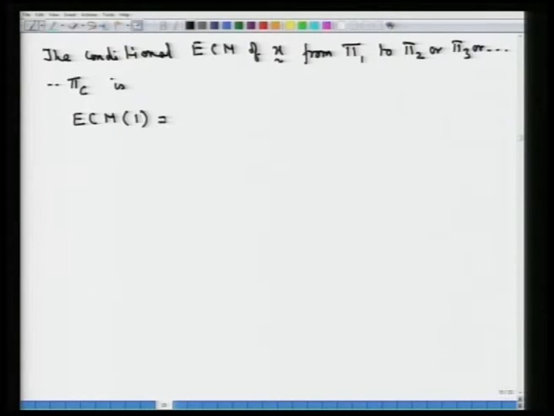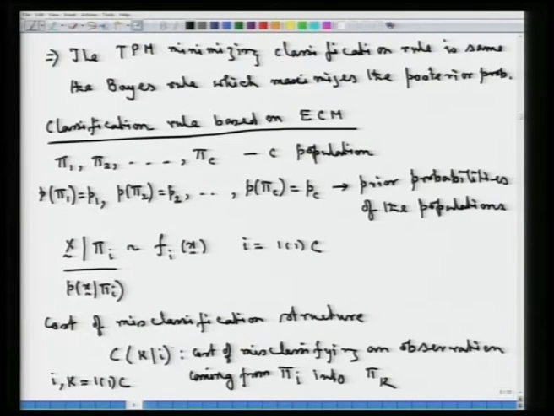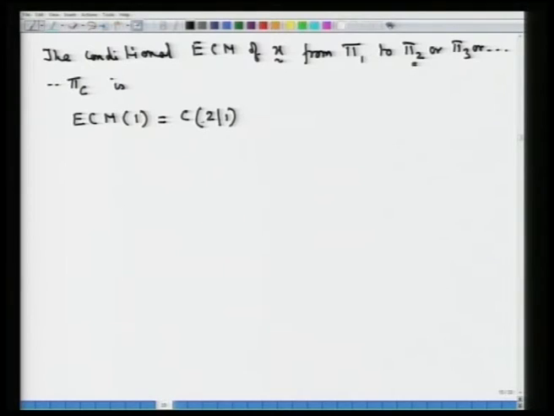So, what is this going to be equal to? This is going to be equal to the probability times the cost. First of all, let us consider the case that x is misclassified into pi 2 given it is coming from pi 1. What is the cost of that? From the general terminology, c_ki is the cost of misclassifying an observation coming from pi i into pi k, and hence here we are looking at an observation coming from pi 1 and putting it into pi 2, and hence this is the cost that we are going to incur.